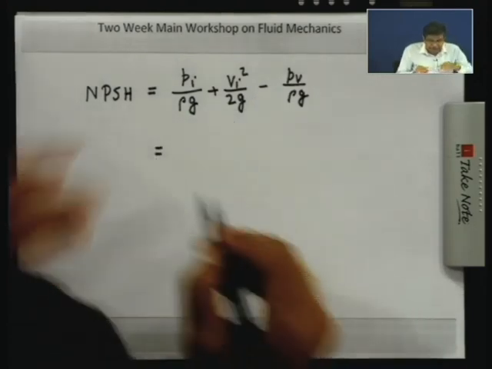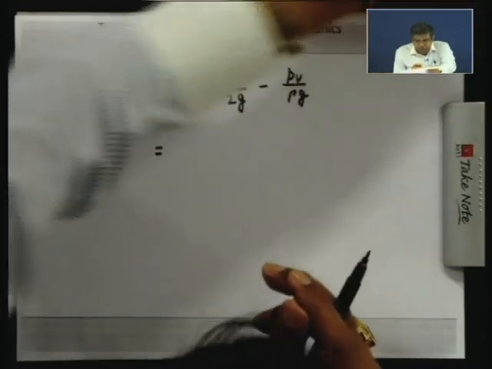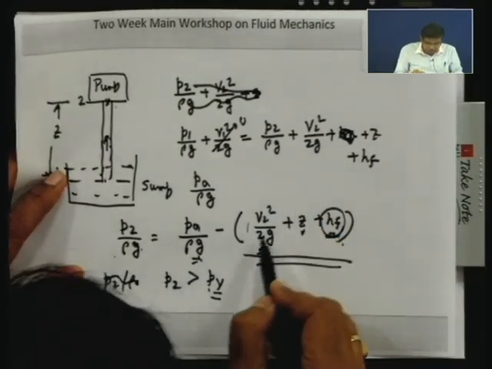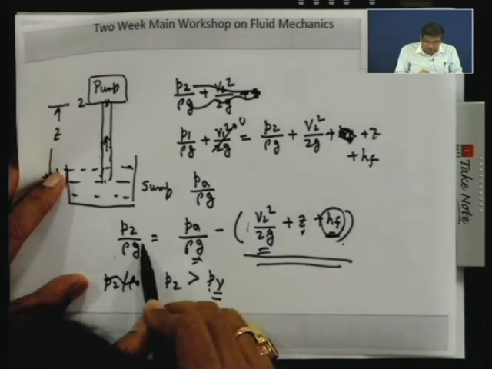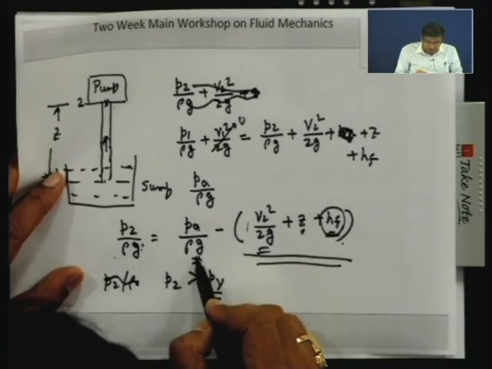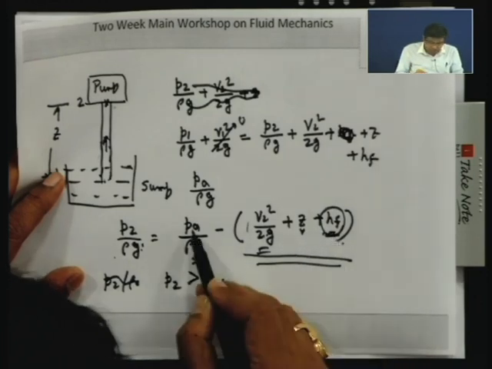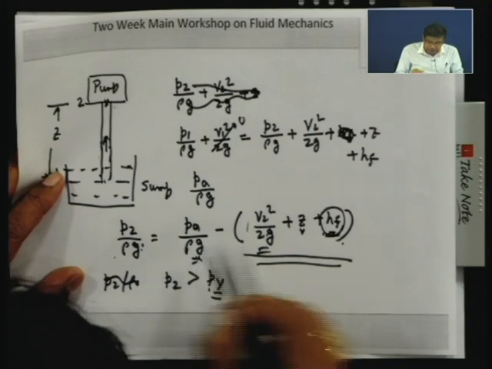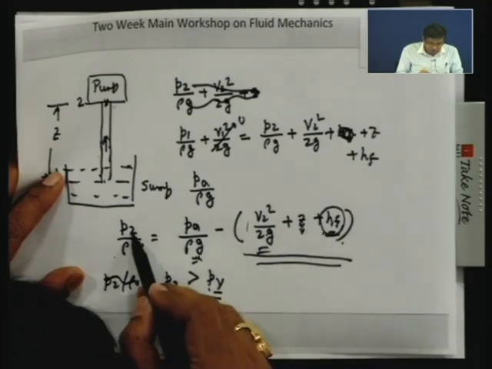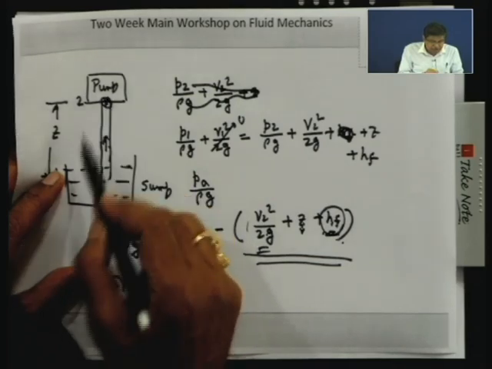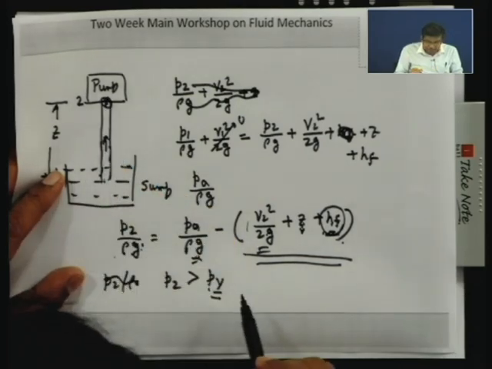I have already shown you that P2 by rho g plus V2 square by 2g, if we take this side, will be atmospheric pressure minus Z if we neglect the losses, or if you take the losses, it will be atmospheric pressure by rho g plus Z minus losses, equal to P2 by rho g plus V2 square by 2g. That means the sum of pressure head and the velocity head at inlet to the pump.